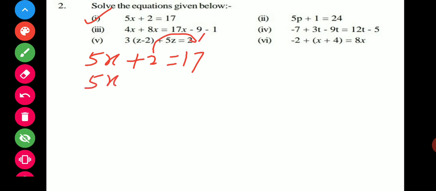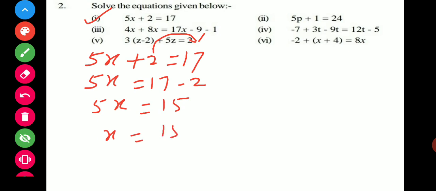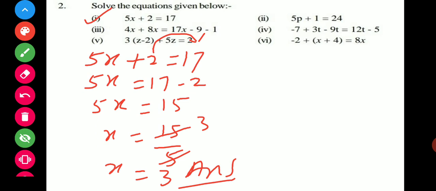So it becomes 5x is equal to 17 minus 2. So 5x is equal to 15. 17 minus 2, that is 15. So x is equal to 15 divided by 5. So 5 1s are 5 and 5 3s are 15. So x is equal to 3. So that is your answer.